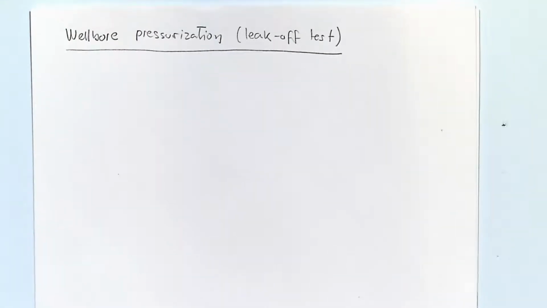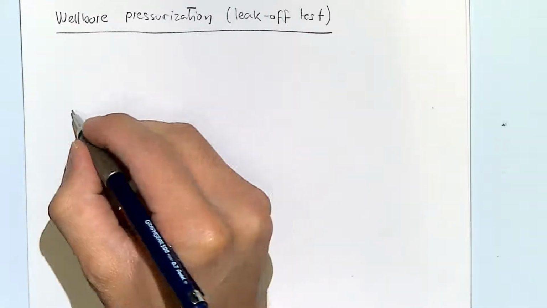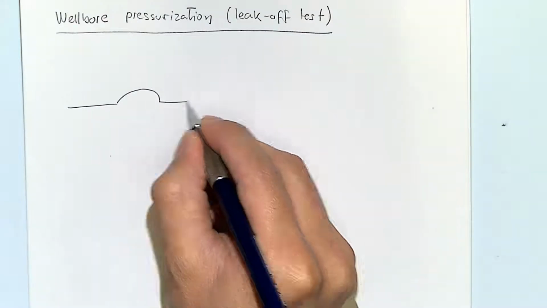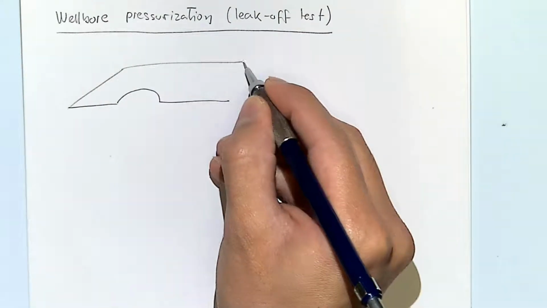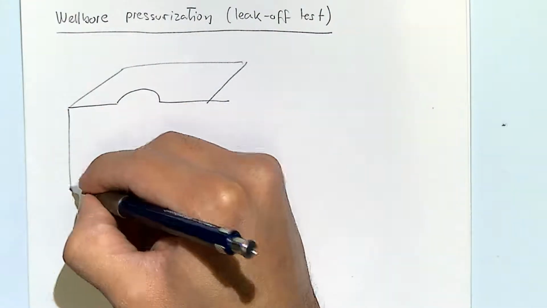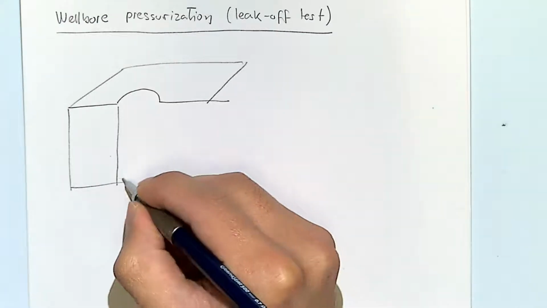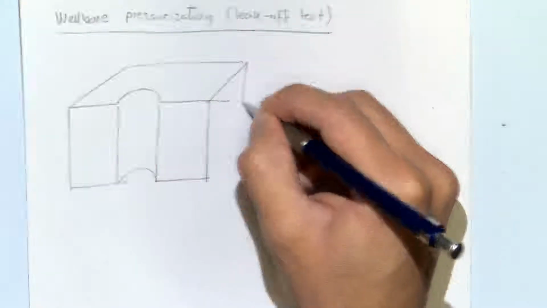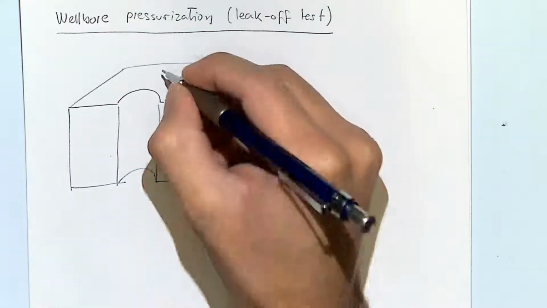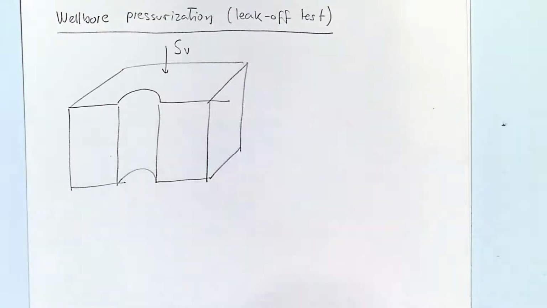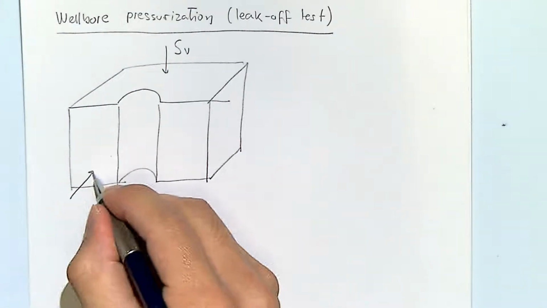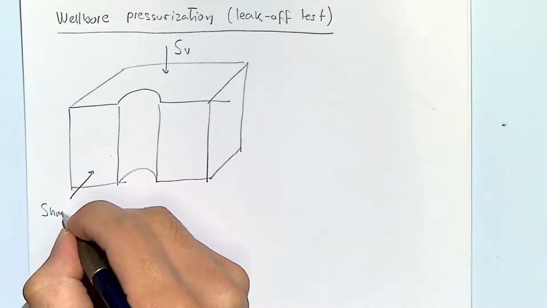So imagine that you're drilling a vertical wellbore where you have far field stresses, SH min, SH max, and SV, and we're going to assume that we are in a normal faulting regime. So this is going to be SV, SH min.